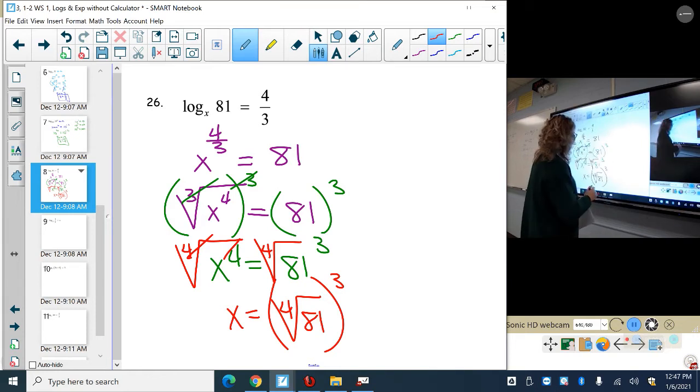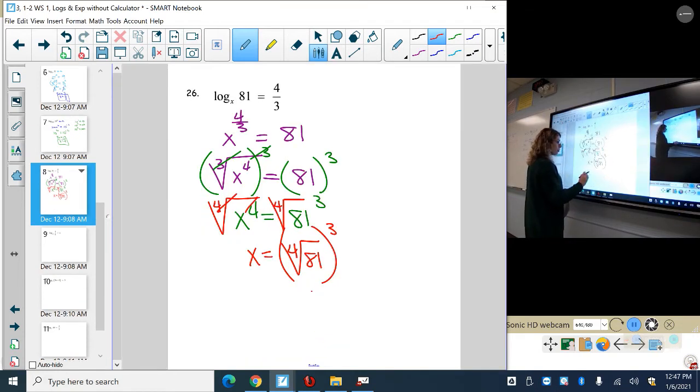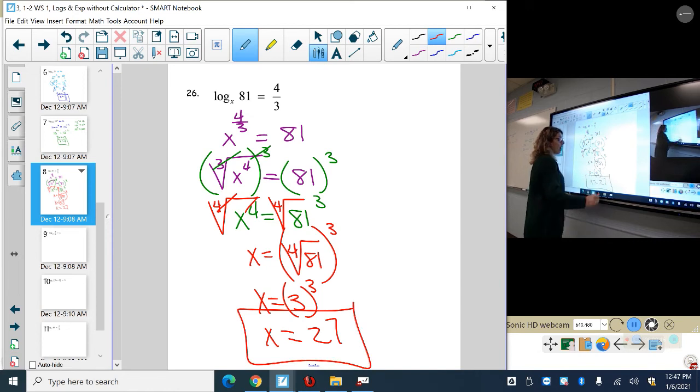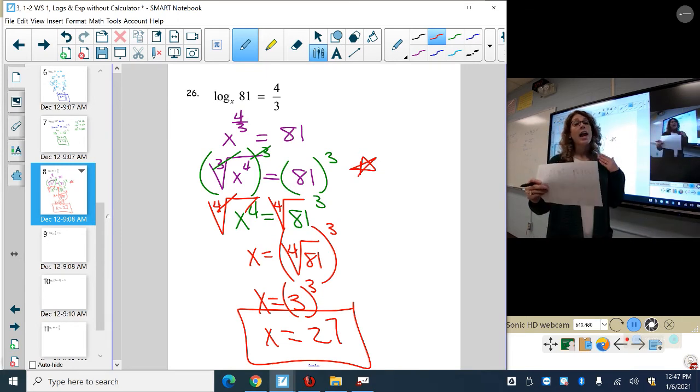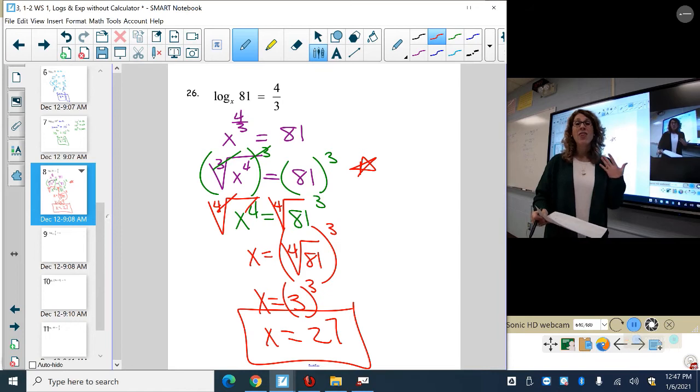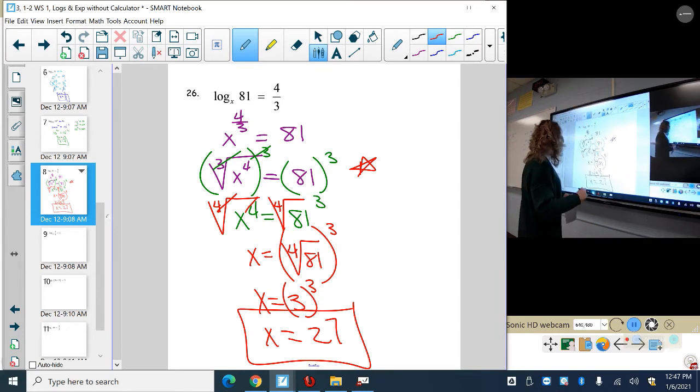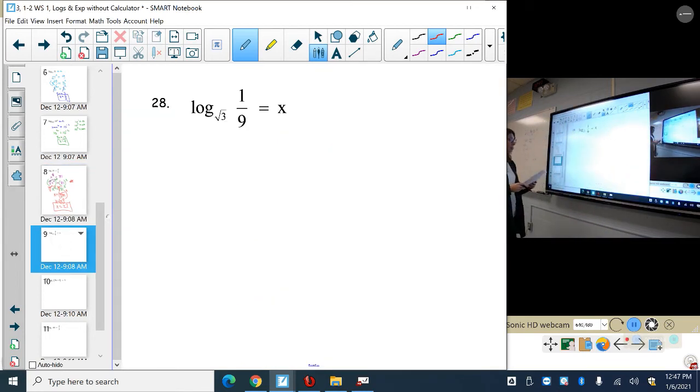It is 3. So we're taking the square root twice to give me 3, and then we're going to cube that to give me 27. Now I know many of you would have immediately done the cube calculation and then taken the 4th root of it. I want you to take the 4th root first and then cube it, okay? So that's how you do problem 26.